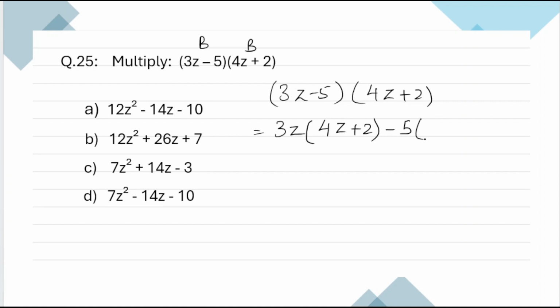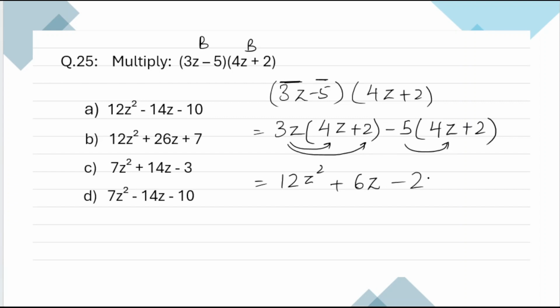Then you pick the second term, minus 5, and multiply it with the second bracket. Now, this becomes 3z times 4z, it's 12z square. 3z times plus 2 is 6z. Negative 5 times 4z, negative 20z. And negative 5 times 2 is negative 10.